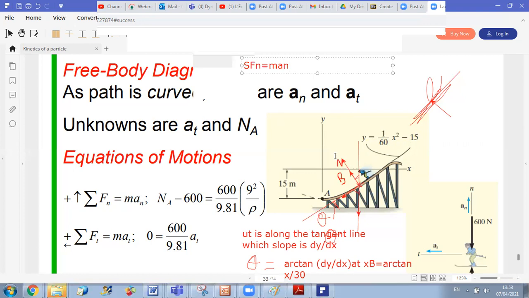The normal is completely along UN, so it has only a projection along UN. So it is N minus, for the weight here will be divided into two components. Because if you go back to the figure, the weight has a negative component along UN and a positive component along UT. Okay?